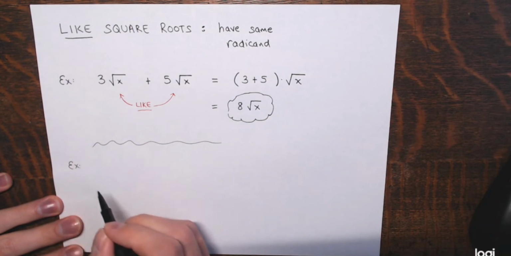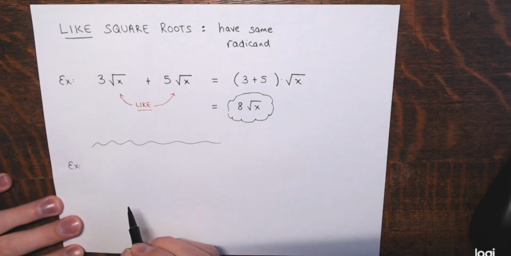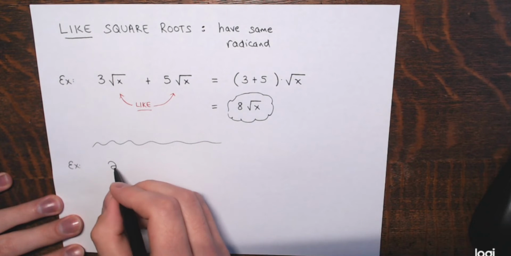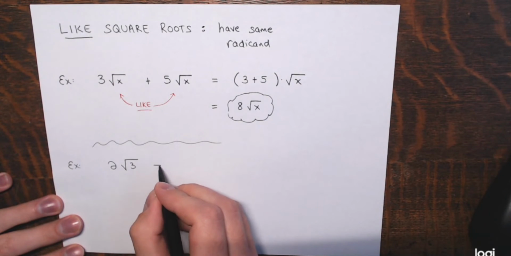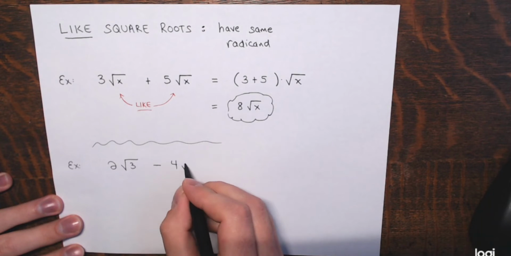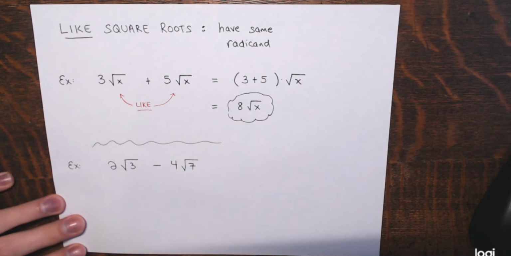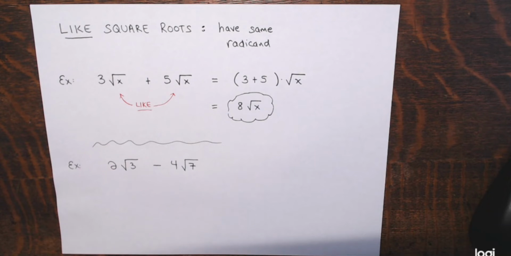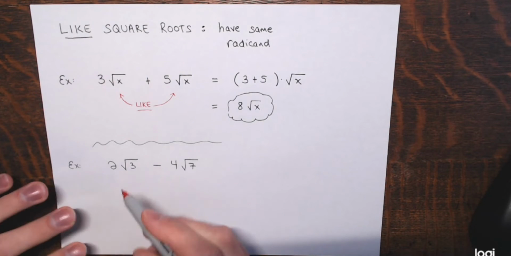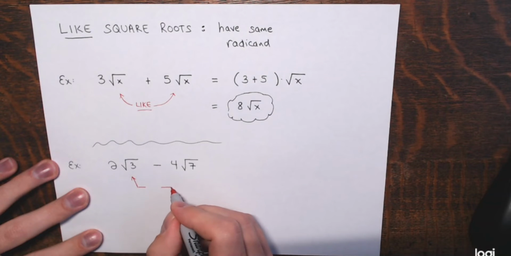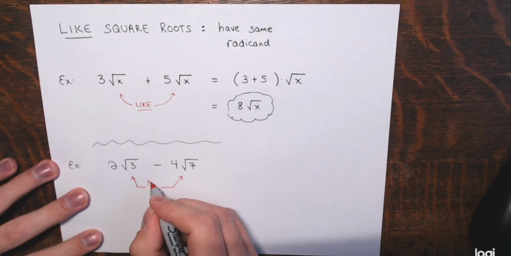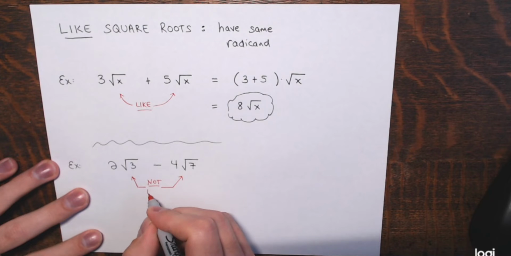Now, an example of terms that are not like square roots would be the following. Say I had 2 times the square root of 3, and I was asked to subtract 4 times the square root of 7. These square root terms are not like, because they have different radicands.